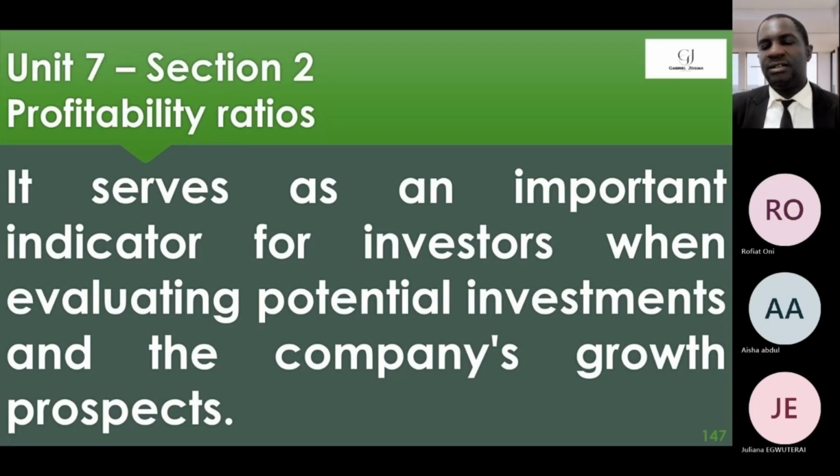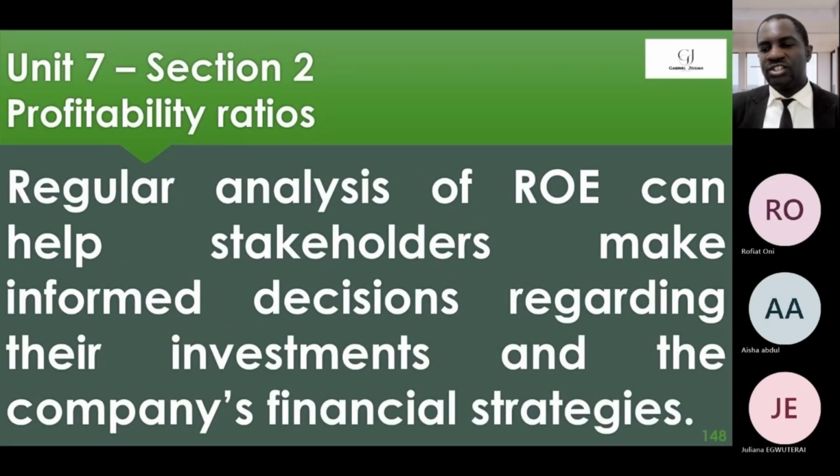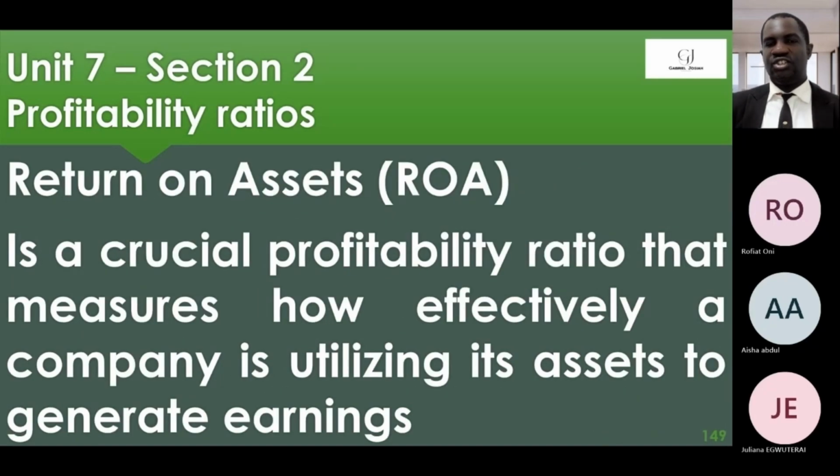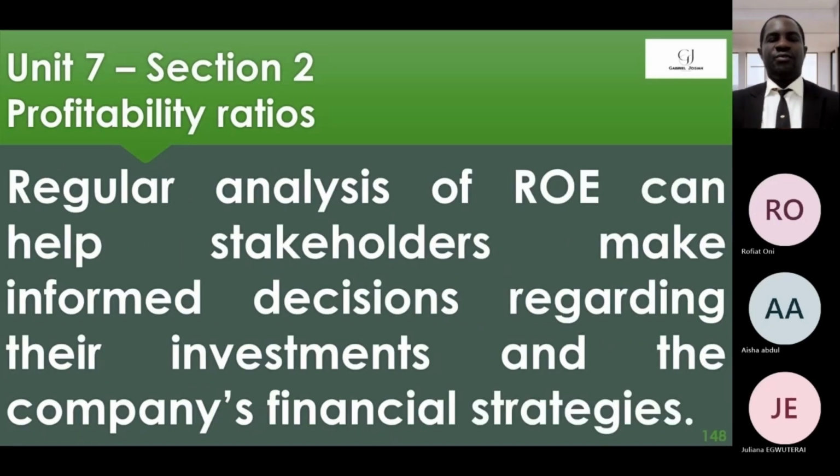It's a very vital metric. Return on capital employed and return on equity are very vital in assessing whether a company is viable for investment or not. So as chartered accountants, regular analysis of the ROE can help stakeholders make informed decisions regarding investments and the company's financial strategies.